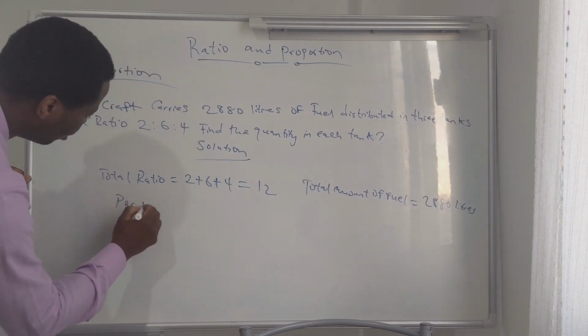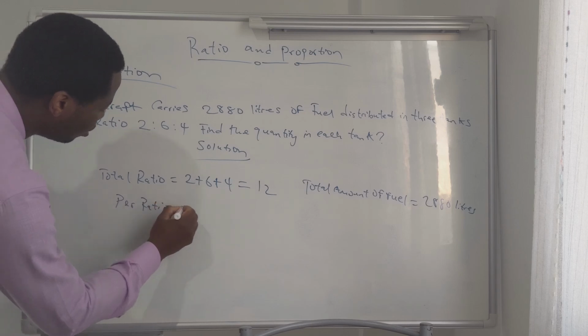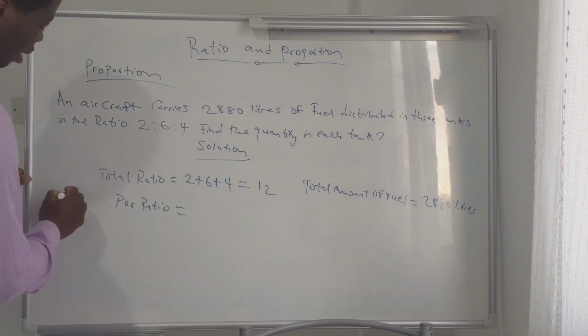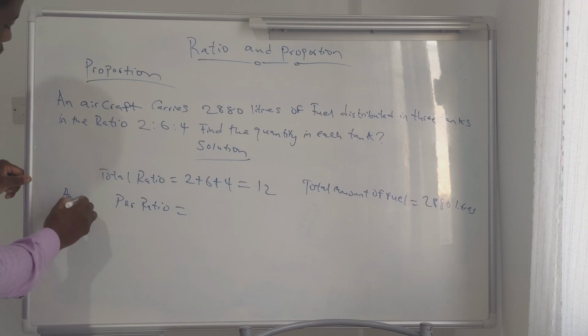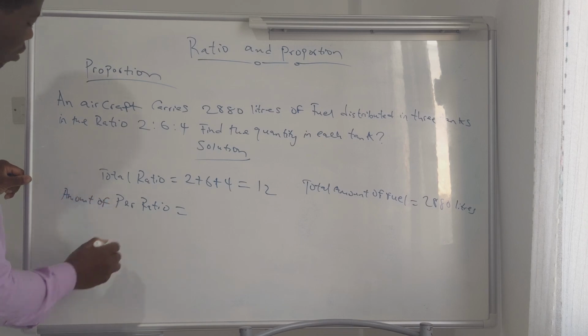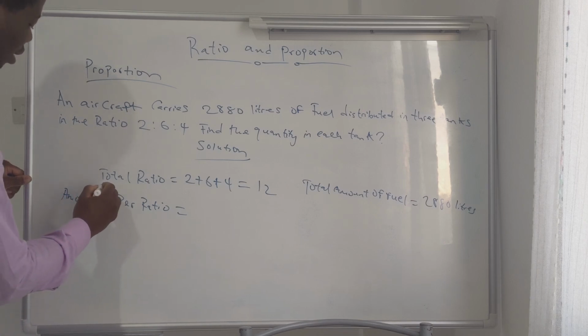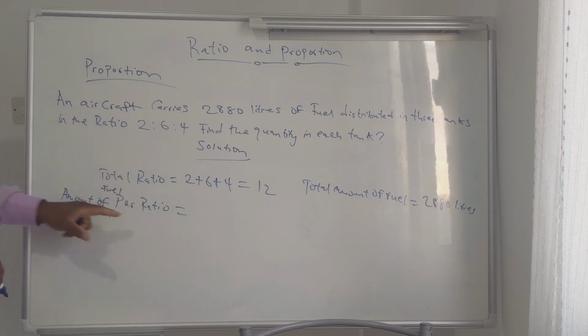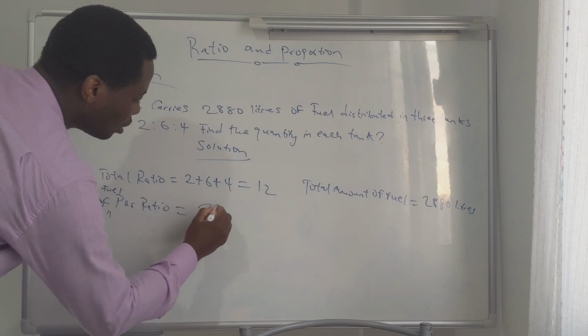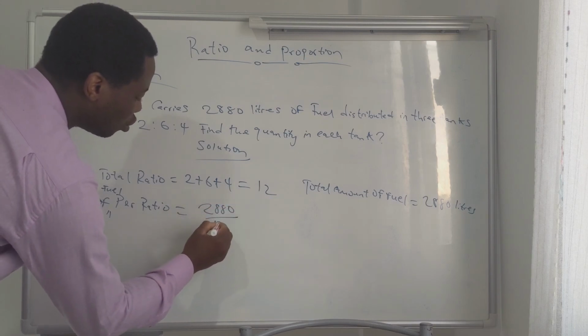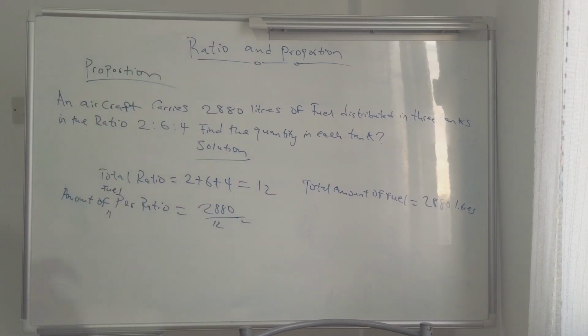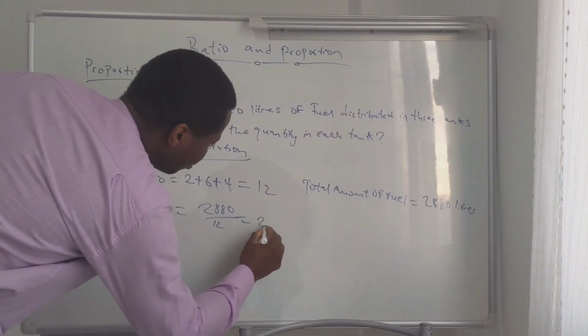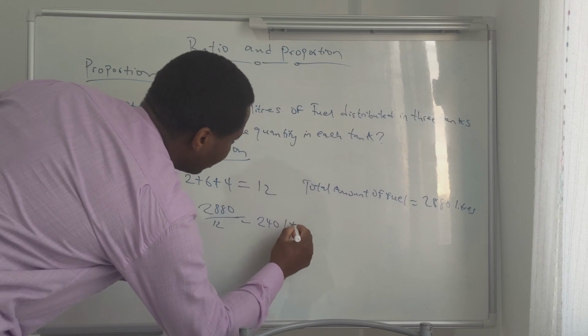The amount of fuel per ratio will be 2,880 divided by 12, that's 240 liters.